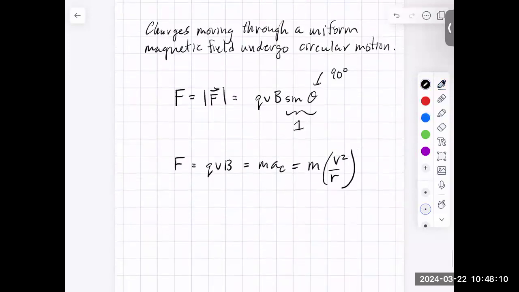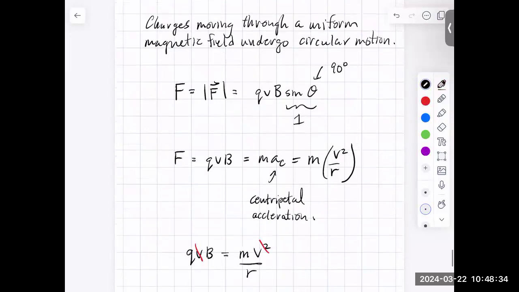So this is the centripetal acceleration. And so then what we have is QVB is equal to mv squared over R. We could cancel one factor of v.